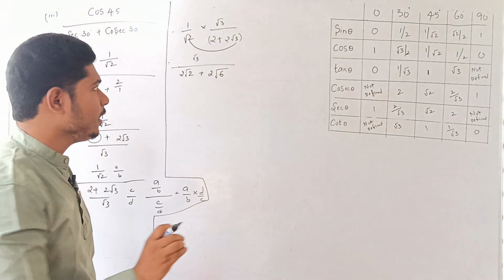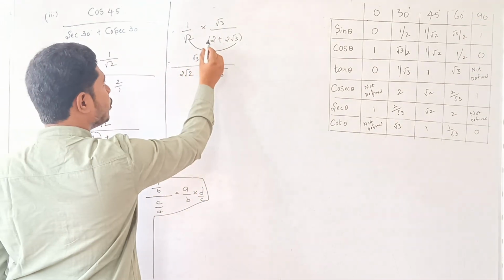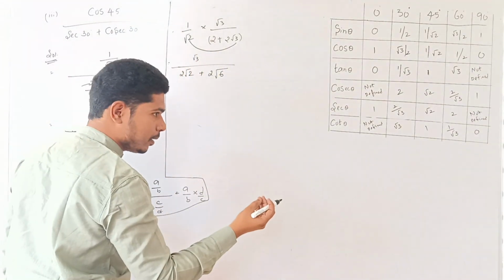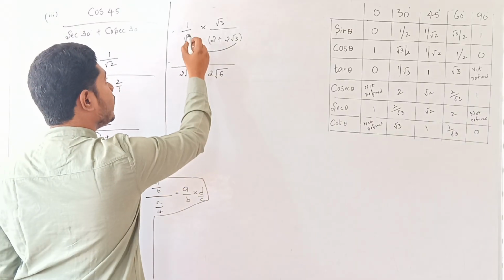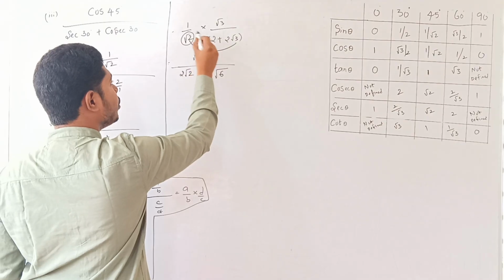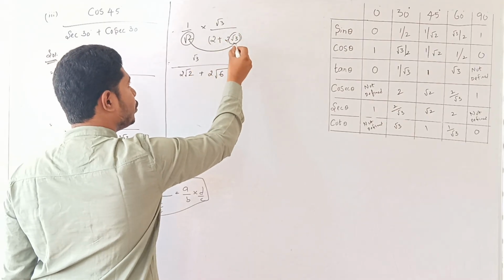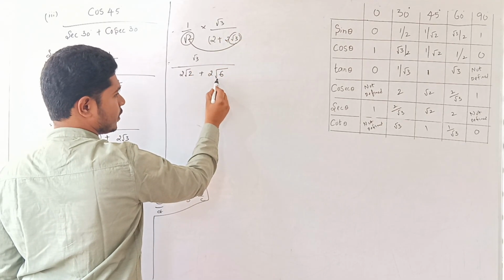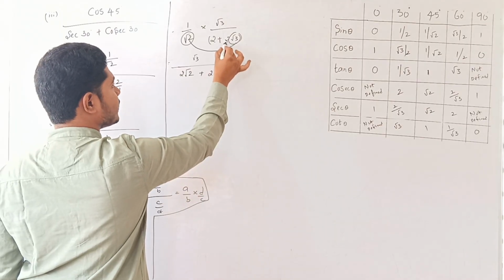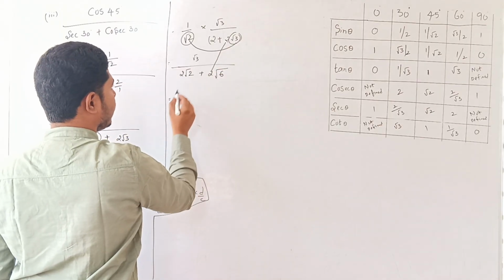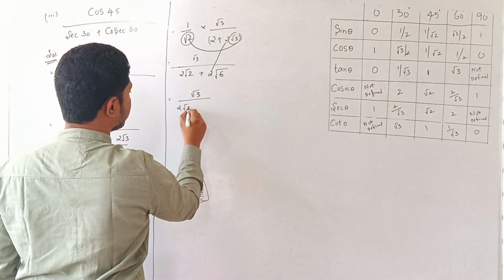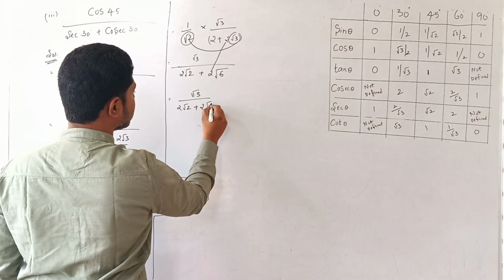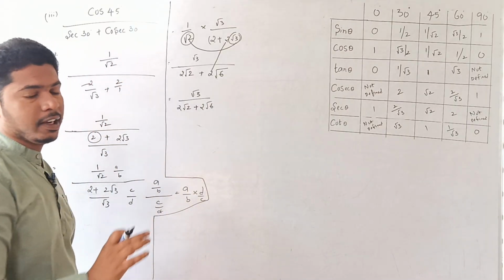Here, root 2 into 2 I am not multiplying, I am simply placing 2 root 2. But here I am multiplying root 2 into root 3, root 6, and I am simply placing the 2 here. Now we will get 2 root 3, 2 root 2 plus 2 root 6. This is what we will get.